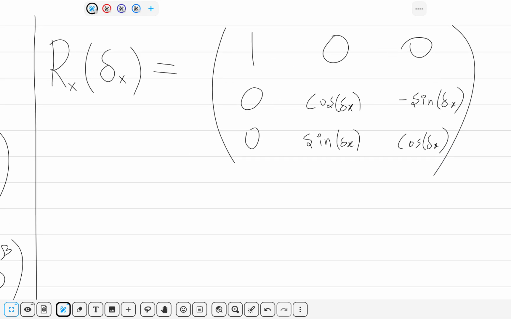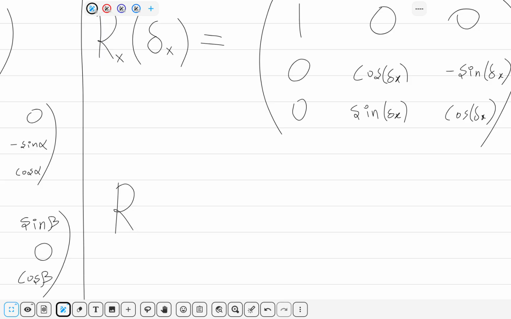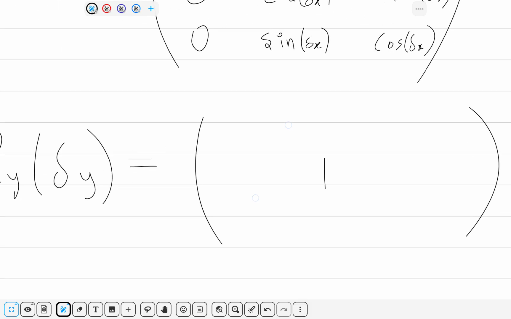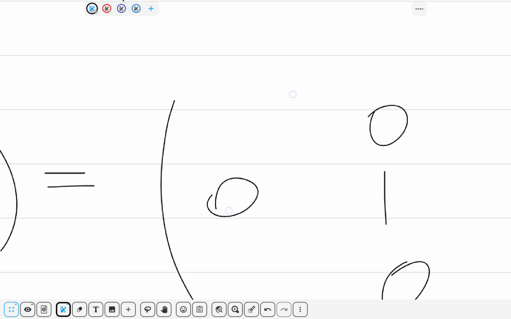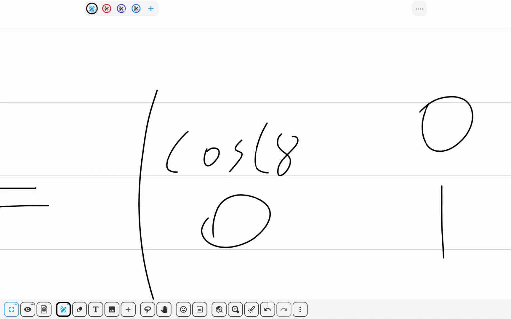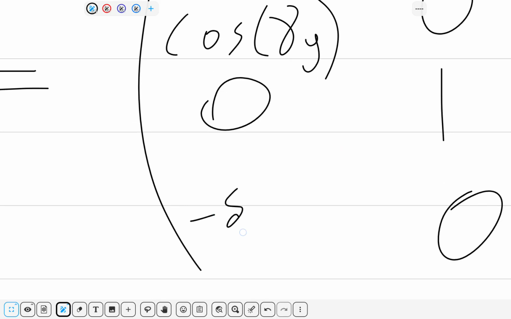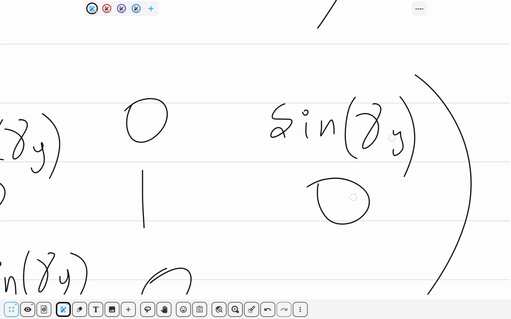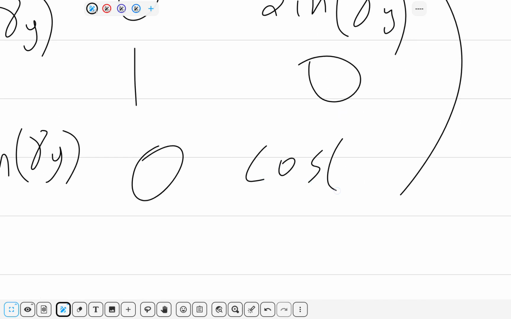And now I will also rotate about the y axis with some small angle delta y. So this will be cos of delta y, minus sine of delta y, cos of delta y, sine of delta y, and cos of delta y.